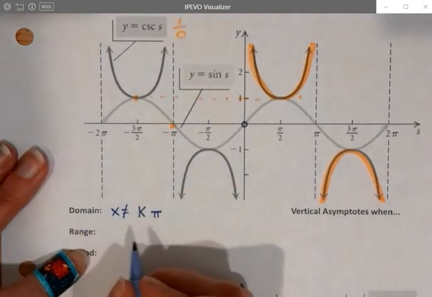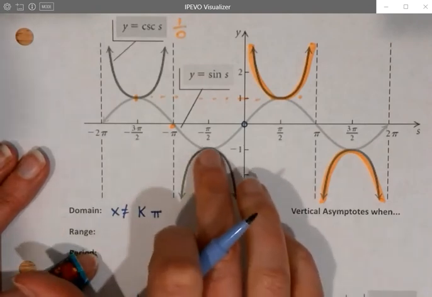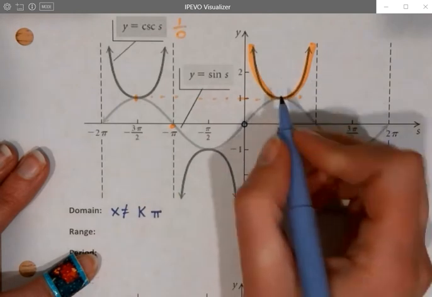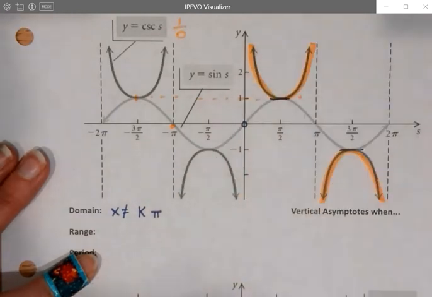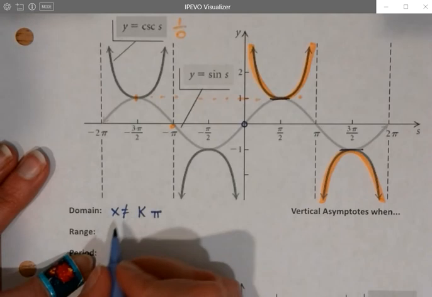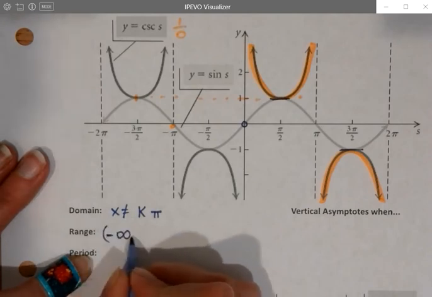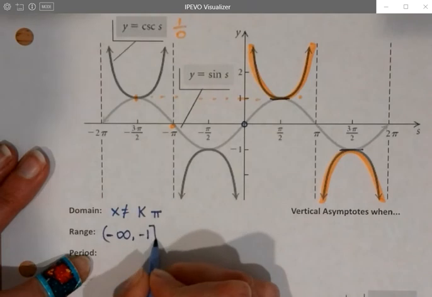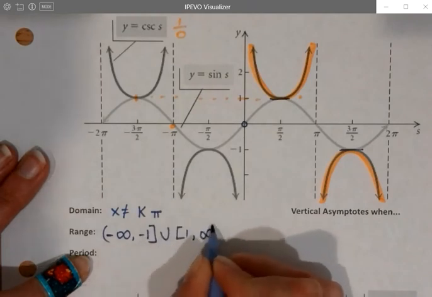The range is going to be, it has to be either bigger than 1 or less than -1. So we're going to write this two ways, once in set notation, once in interval notation. In interval notation, it would be from negative infinity up to -1, bracket, union, bracket, 1 to infinity.